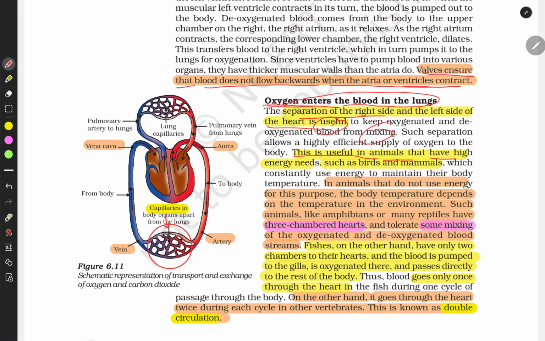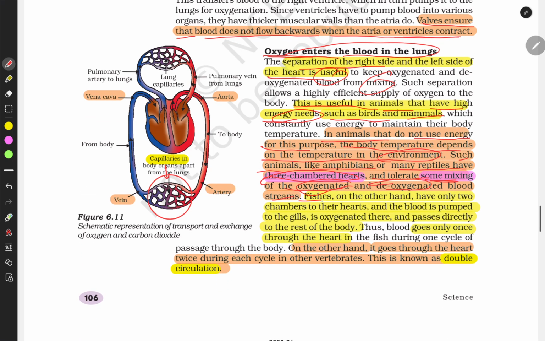This is useful in animals that have a high energy need, like birds and mammals. In animals that do not use energy for maintaining body temperature, the body temperature depends on the temperature of the environment. Such animals, like amphibians and many reptiles, have a three-chambered heart, and they can tolerate some mixing of oxygenated and deoxygenated blood.